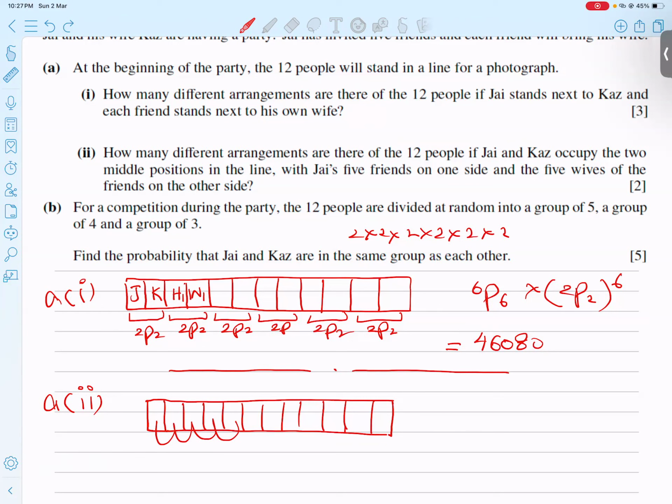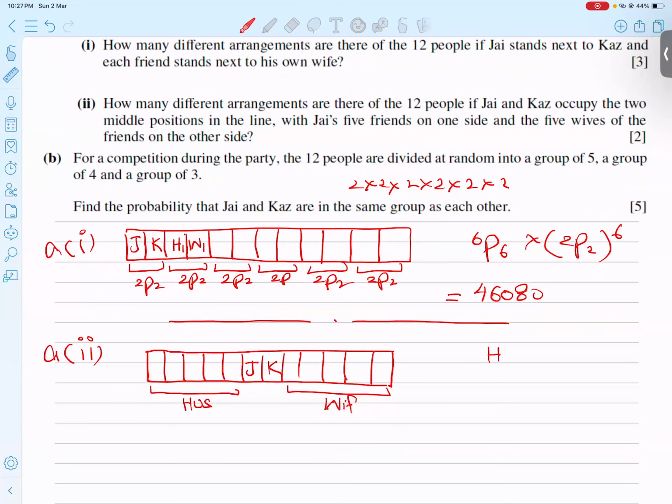Have a look at how we can do it. This is the middle, here. This is Jay and this is Kaz. Let's say these are the husbands, I just write HUS for husbands, and these are the wives. It is possible that Jay and Kaz are fixed in the middle and the wives come at the beginning and the husbands later.